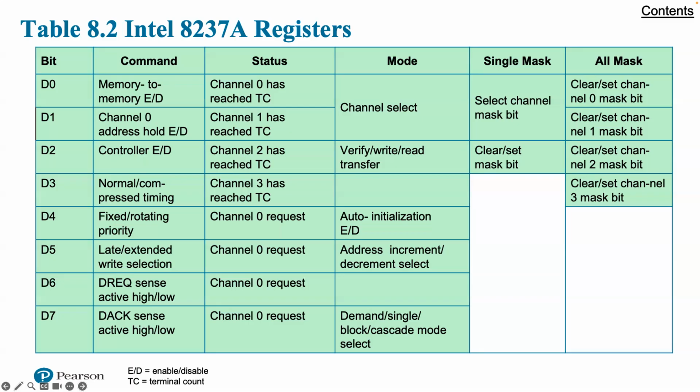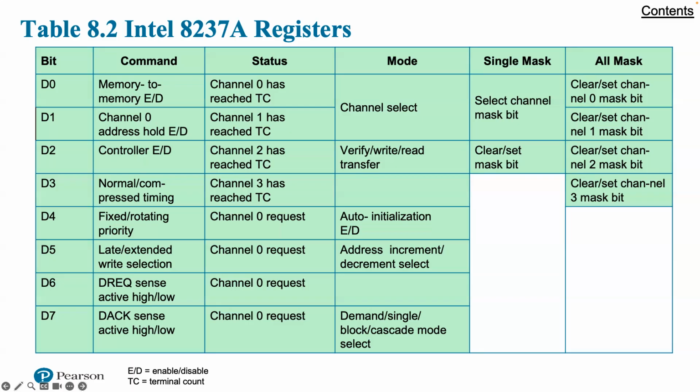When memory-to-memory is enabled, D1 can be used to disable increment-decrement on channel 0 so that a fixed value can be written into the block of memory. D2 enables or disables the DMA. Next, we have the status register.